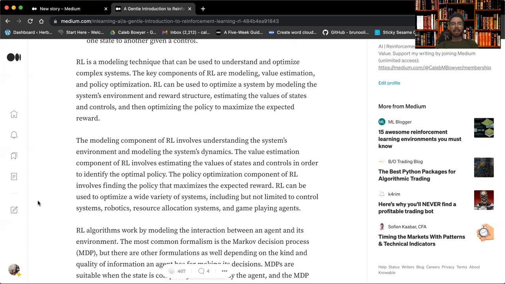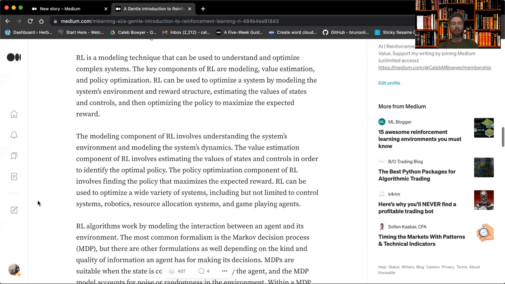RL is a modeling technique that can be used to understand and optimize complex systems. The key components of RL are modeling, value estimation, and policy optimization. RL can be used to optimize a system by modeling the system's environment and reward structure, estimating the values of states and controls, and then optimizing the policy to maximize the expected reward.